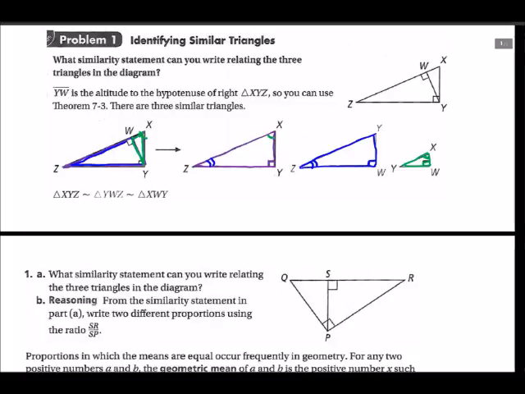And then we know that our blue triangle and our green triangle also share our altitude here, WY.